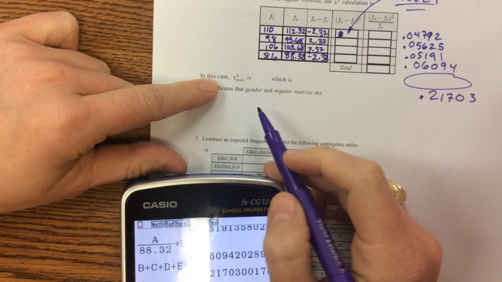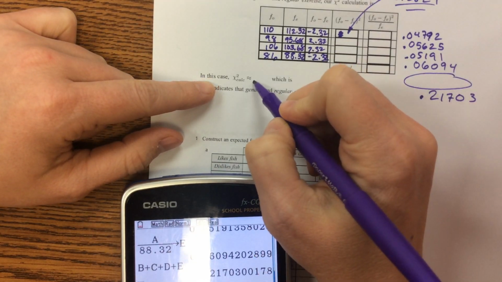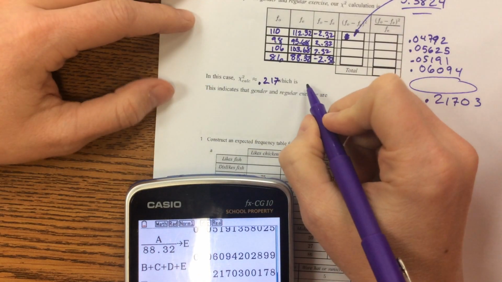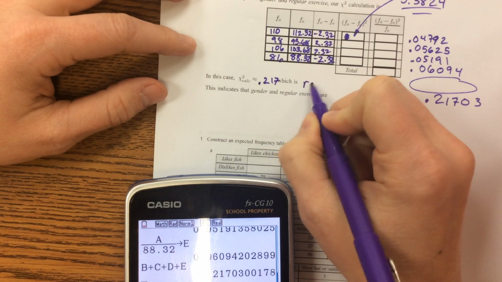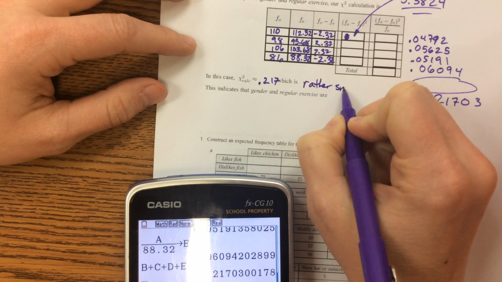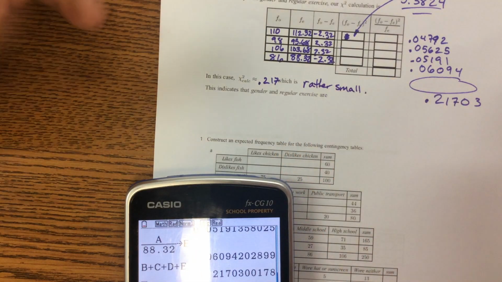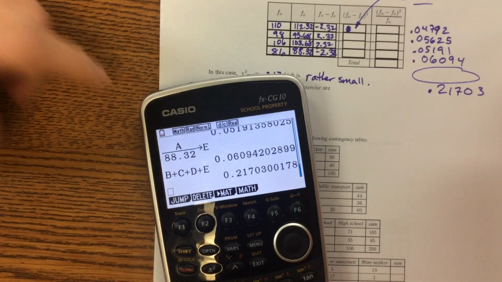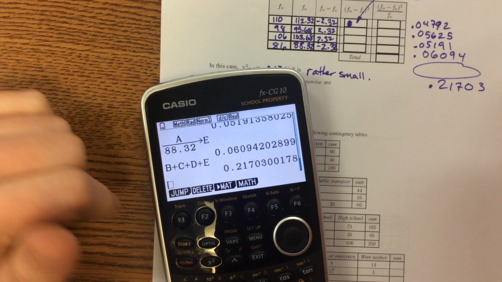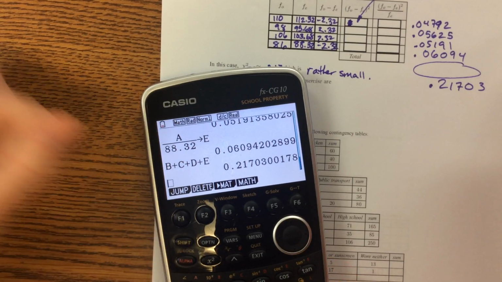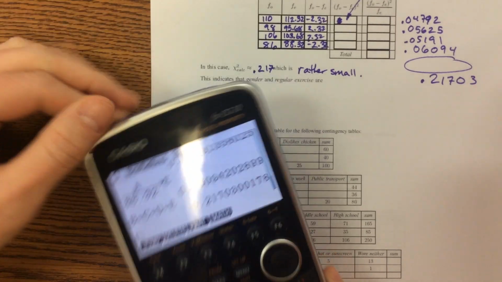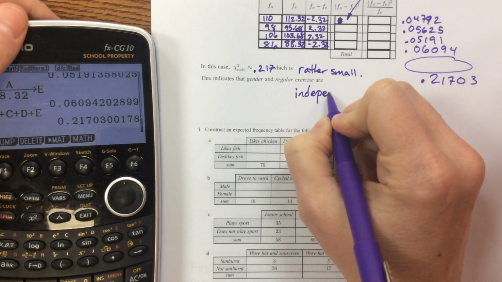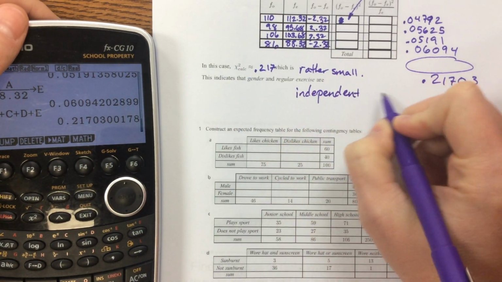So this is our calculated chi-squared value, 0.217, which they're going to tell us is rather small. And that will indicate to us that the difference of those values from the expected values is not very different. So that tells us that they are independent events.